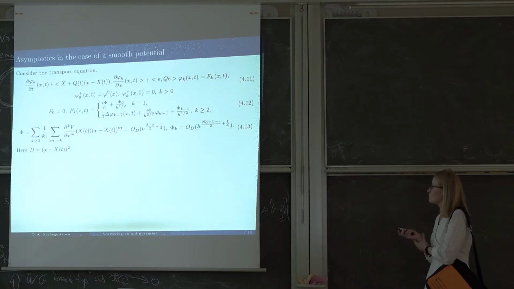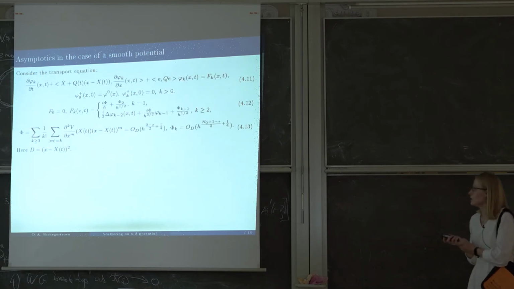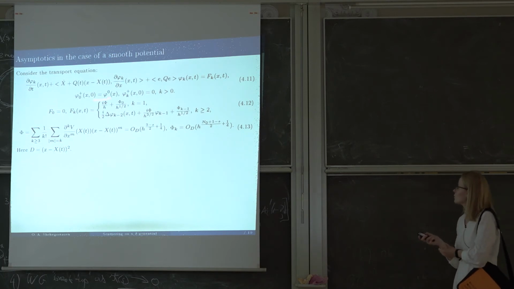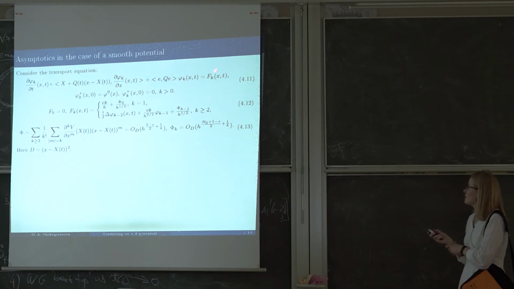Okay, and then we can consider the transport equation. The first equation is a transport equation with right parts for the main member of the asymptotic. There is no right part for the first, and for the others we have these right parts.